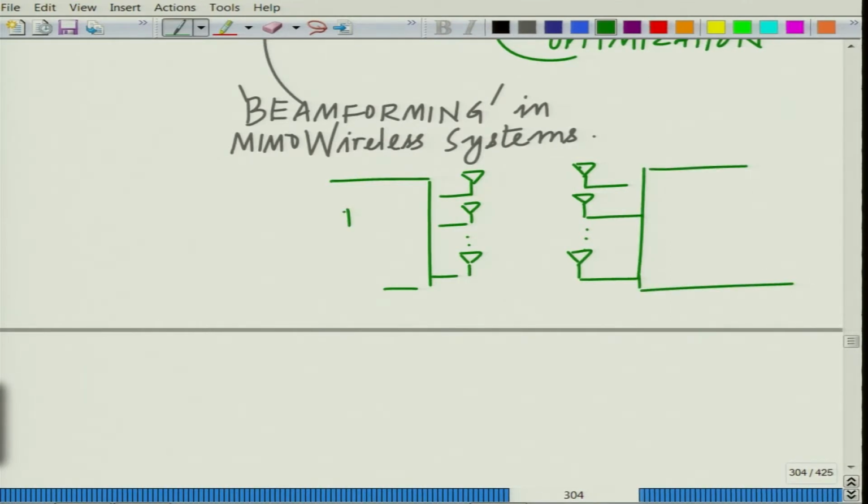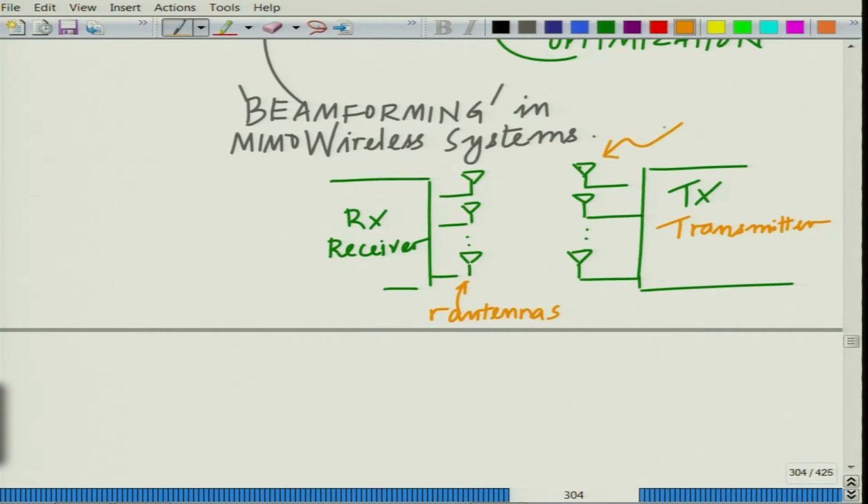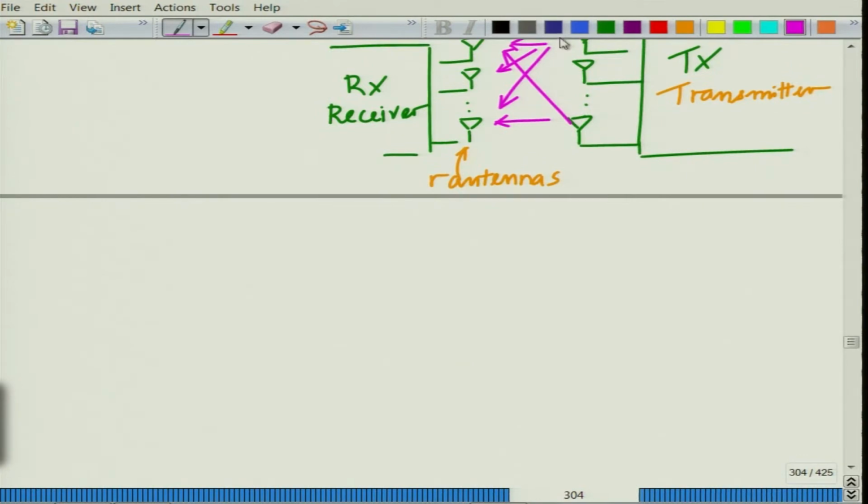So, you have the receiver, you have the transmitter, you have R antennas at the receiver, T antennas at the transmitter, and then you have the channel coefficients, where we know that we have the channel matrix. H denotes the channel matrix.